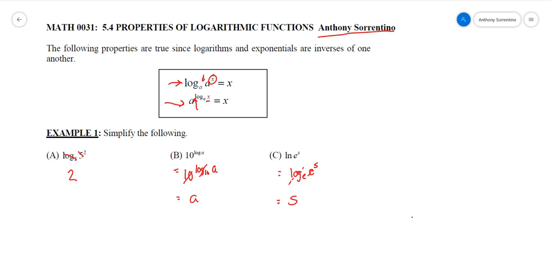That's what we're going to be looking at mainly in this lesson: what if we have a situation where, instead of 10 to the log a power, we have 10 to the 2 times log a power? How do we handle that? Or if we have log base 5 of 5 squared minus 5, how do we handle that, if we can?